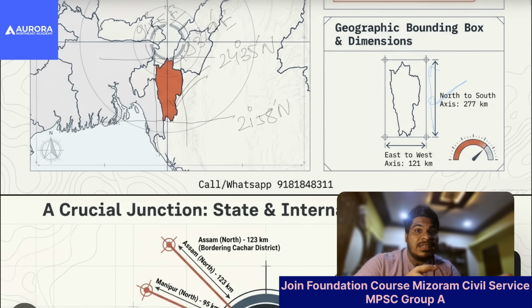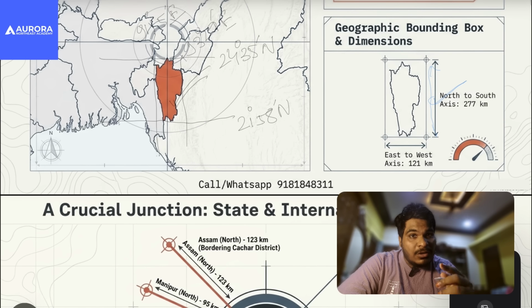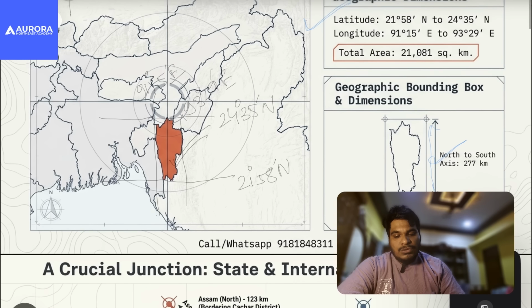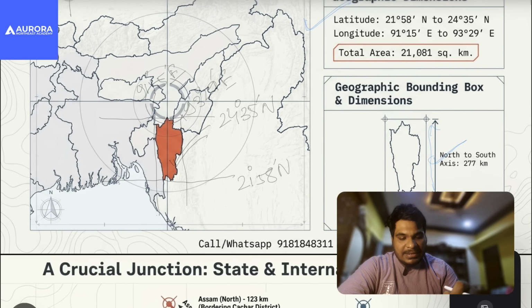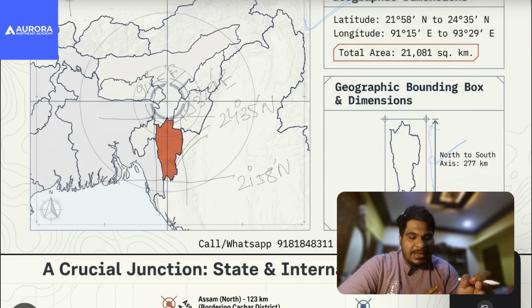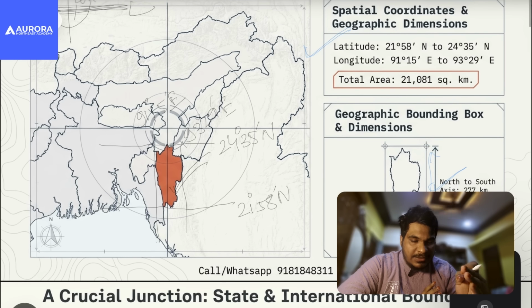It might be asked in another way, the north-south extent of Mizoram is more than double the east-west extent of Mizoram. This statement will also be correct. So we have traced the location of Mizoram in the map of Northeast India, learned about its latitude and longitude, and seen the north-south and east-west extent of the state.